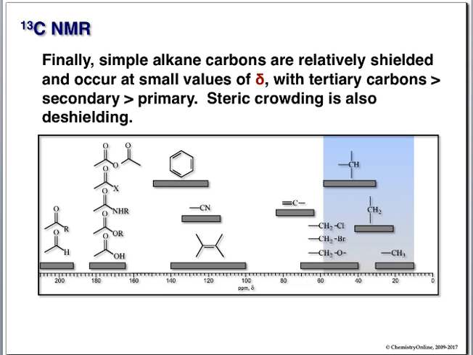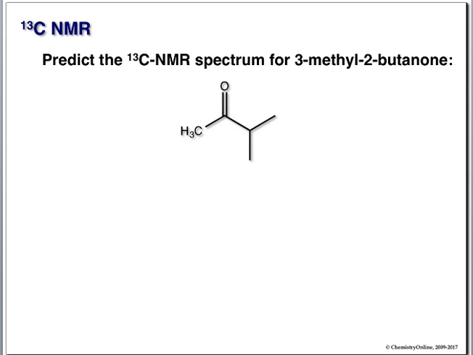Well, this is always easiest if you just do it. So let's look at a compound. This is 3-methyl-2-butanone. If we look at this, the first thing we should say is, this is a simple ketone, isn't it? Because it's a ketone, we would expect that carbon to be very highly shifted, maybe up around 210-ish or so.